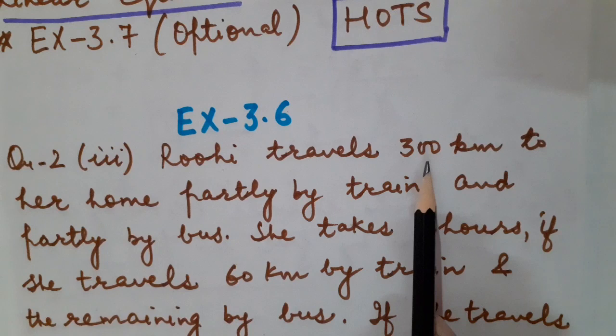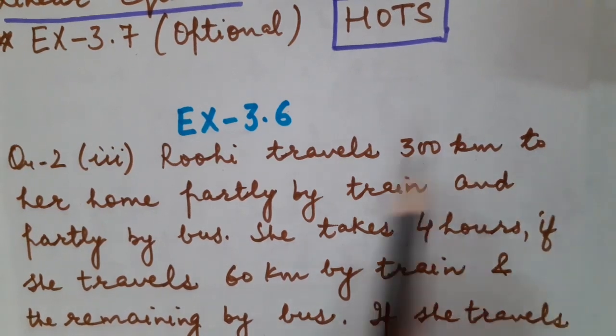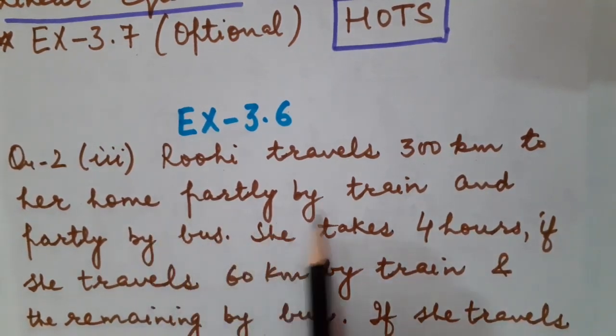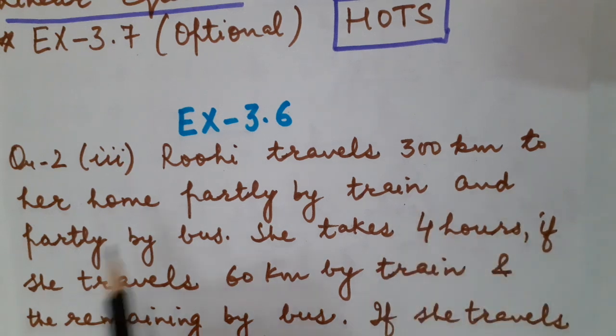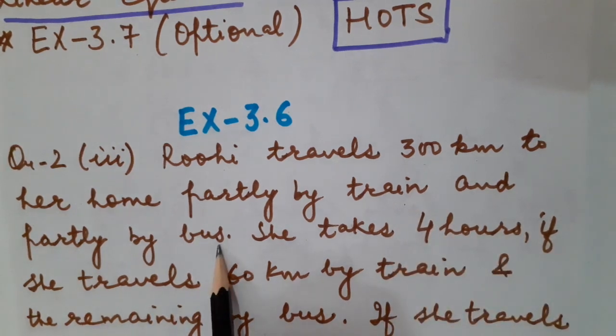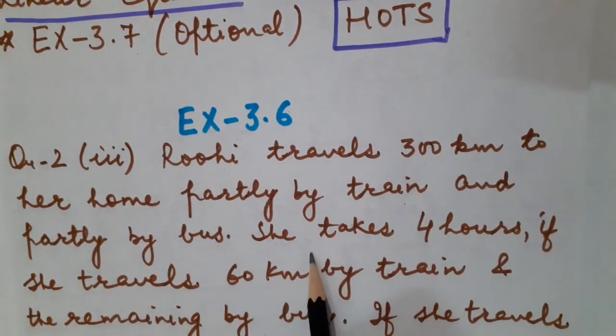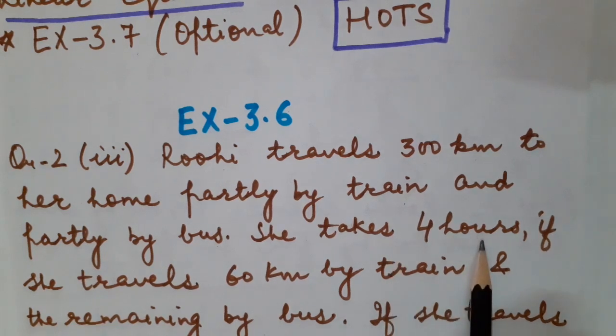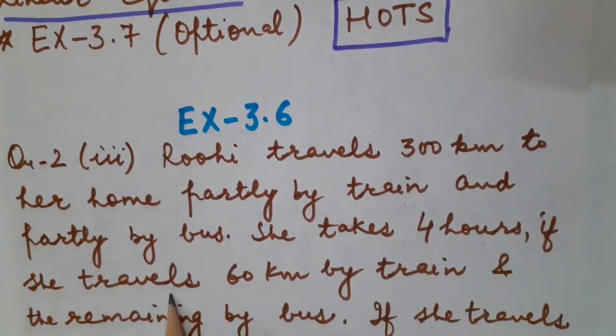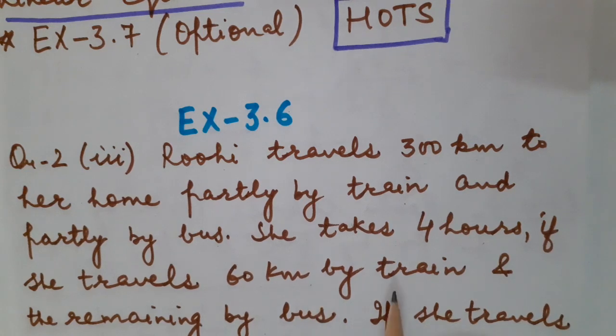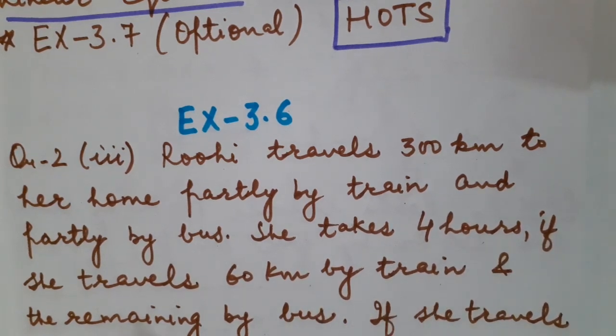Ruhi travels 300 km to her home partly by train and partly by bus. Fine. She takes 4 hours if she travels 60 km by train and the remaining by bus.